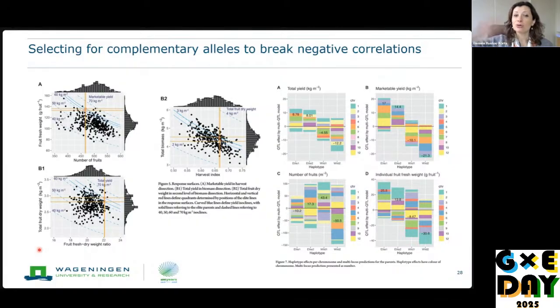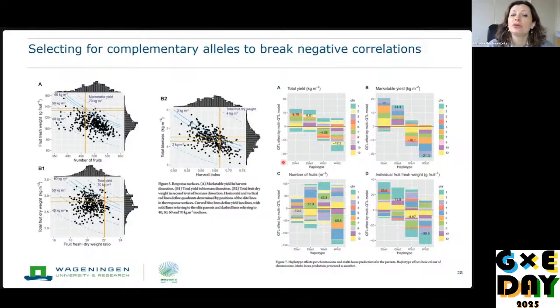We want to have those that have high values for all the traits so that in total we can have high yield. That means going up in these lines that represent higher yields. For example, those individuals here in general have higher yields. So what did Yutaka do?